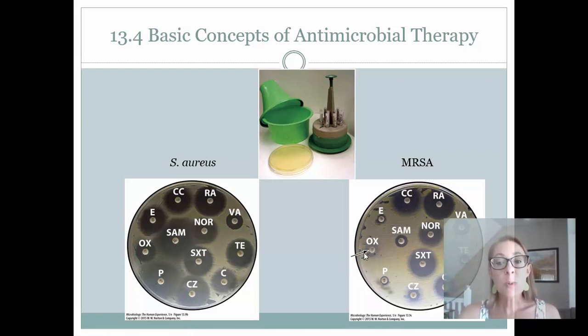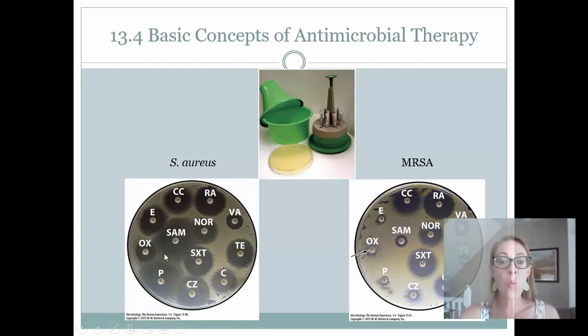So this particular species of bacteria is called MRSA. That acronym stands for methicillin-resistant Staphylococcus aureus. So this is a special type of Staphylococcus aureus that has evolved resistance to the effects of one of our antibiotics. It is no longer inhibited by that antibiotic. We see zero zone of inhibition.